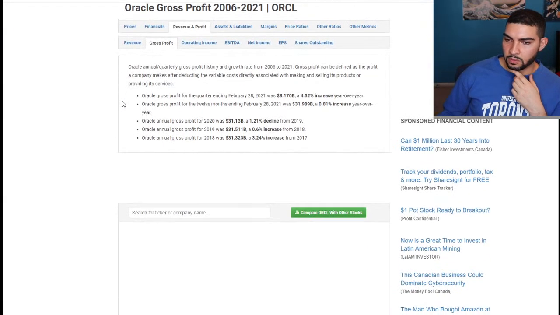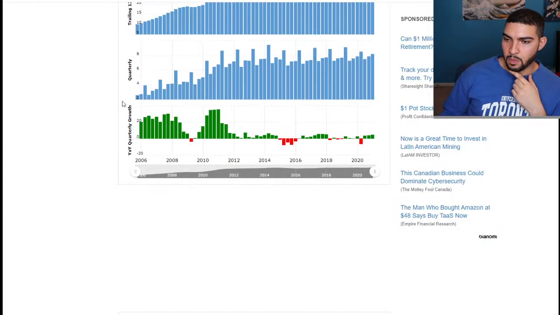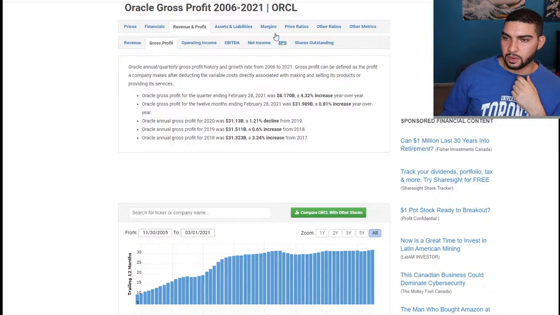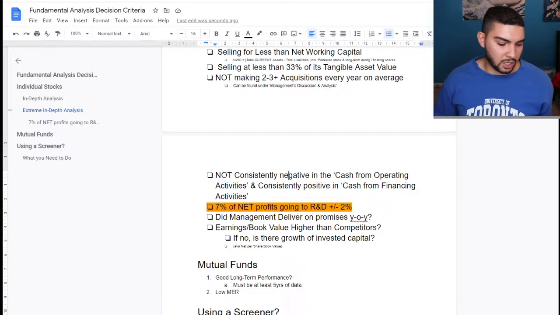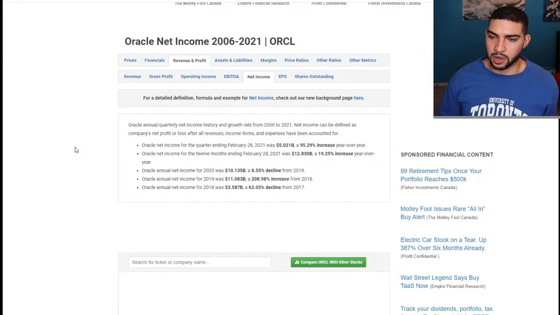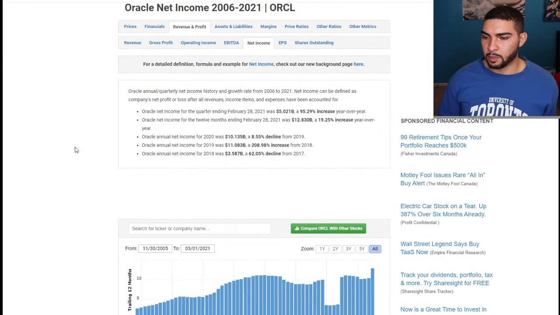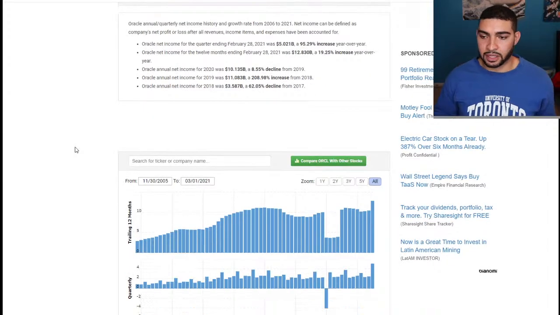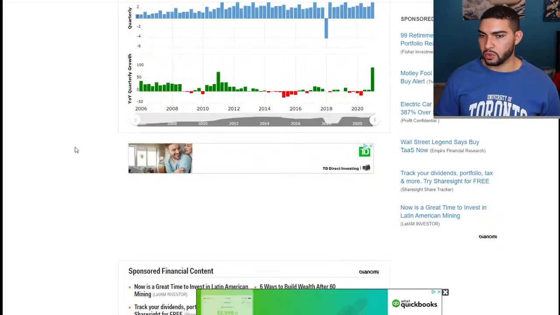Okay. I want to see net income then, because we were talking about net income, weren't we? Net profits. That's different from gross profits, which is why I don't want to look at that. I feel like net income might be more of a consistent thing we can look at because it's telling you the net income after expenses and whatnot. So let's see what we have over here.